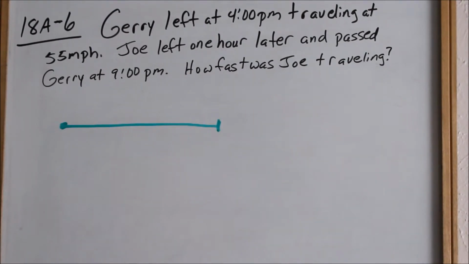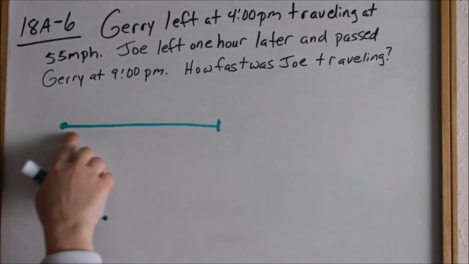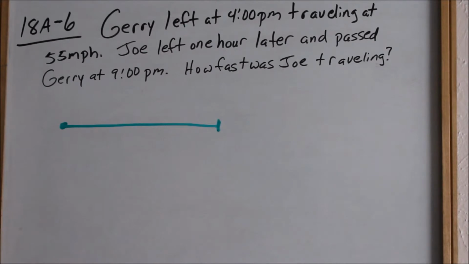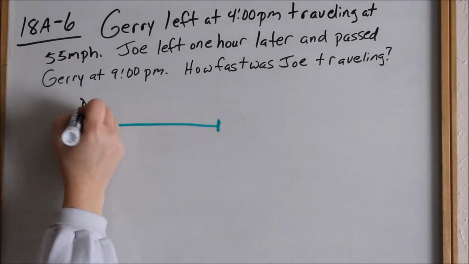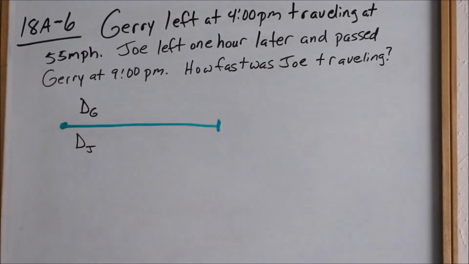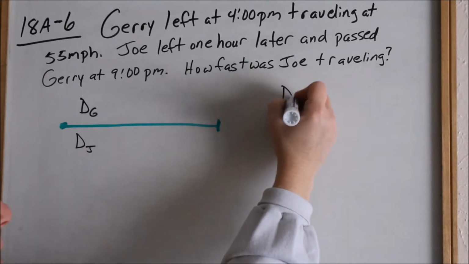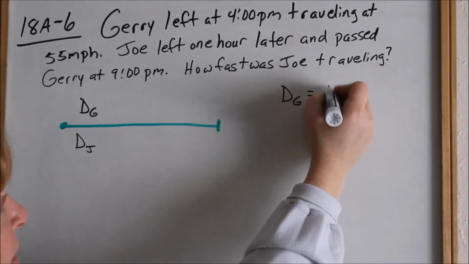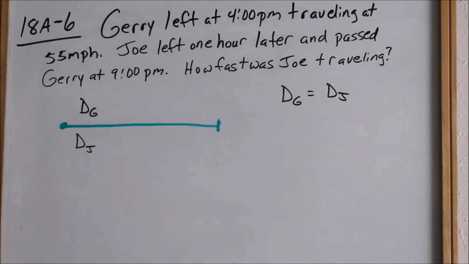Again, in lesson 18, when we're dealing with two people or two objects, they will be going the same distance. So we will be dealing with Jerry's distance, and Joe's distance, and they are equal to each other. So Jerry's distance equals Joe's distance.